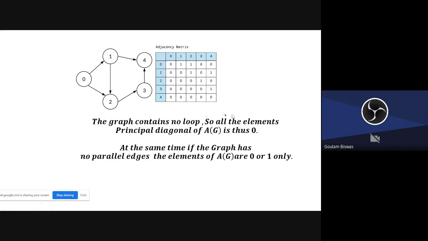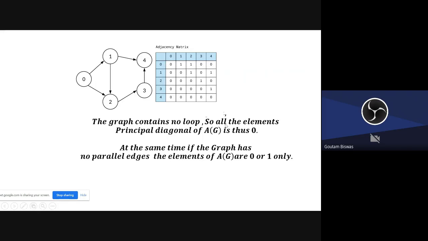Next slide. This graph is also a digraph. Now see, the graph contains no loop. None of the vertices contains any loop, and you see here the diagonal elements are 0.